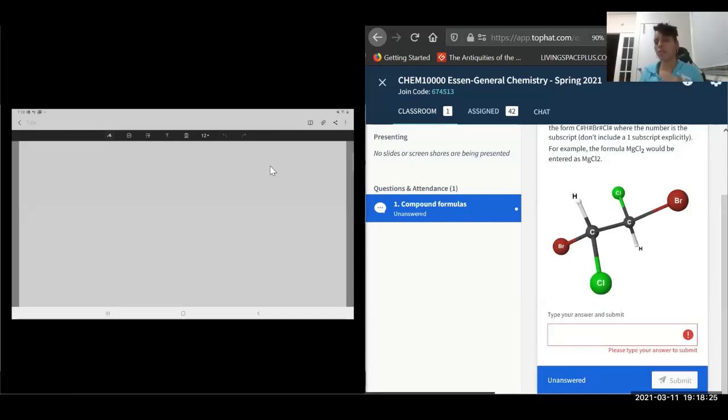I'll give you a little while longer for this question. I'll give you a 60-second timer. So write your answer. All you have to do is use the format that you see there: C, number of carbons, H, Br, Cl, and you're just writing the formula based on the number of each of the atoms that you see in the image.